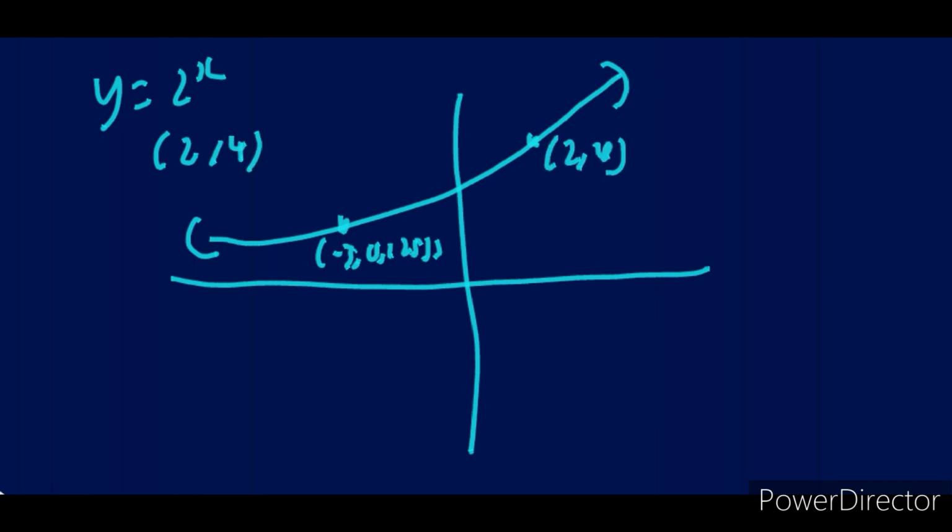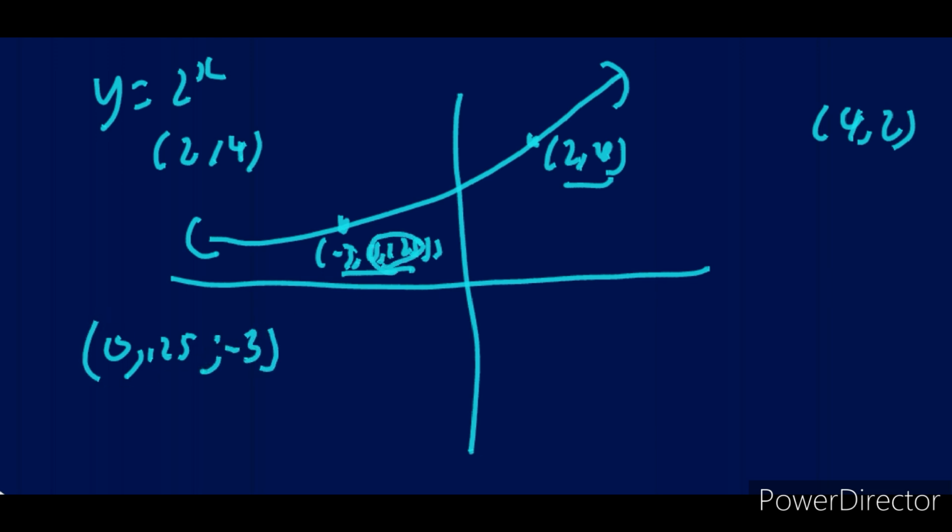When you have got 2 points in the original equation, then you can easily determine the shape of the inverse, because all we have to do is switch them. When you switch them, the 2 to 4 in the inverse will become 4 to 2, and the minus 3 to 0.125 will become 0.125 to negative 3. I'm not saying you must write it in the form of decimals.